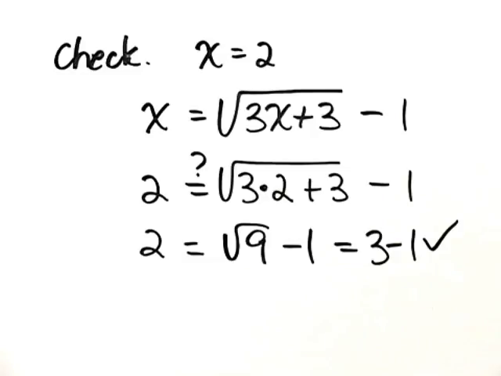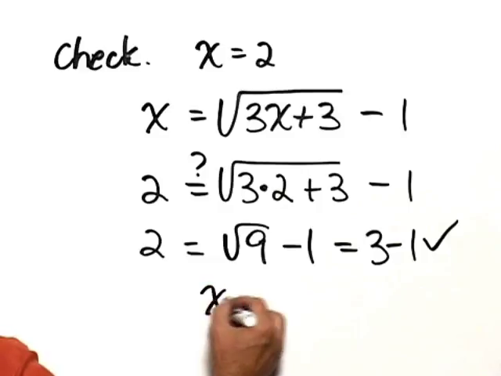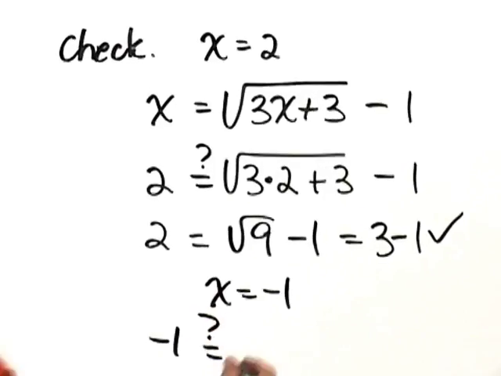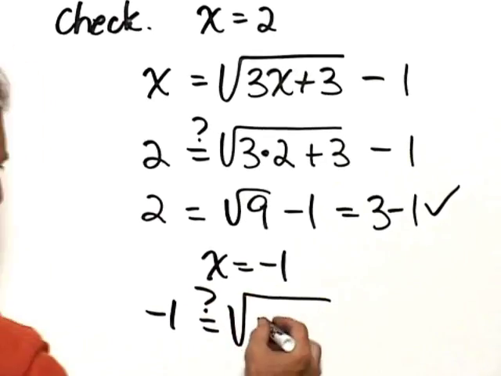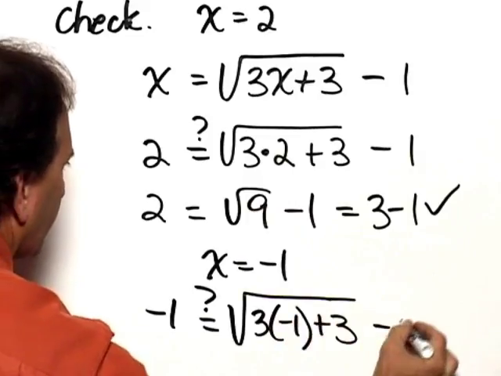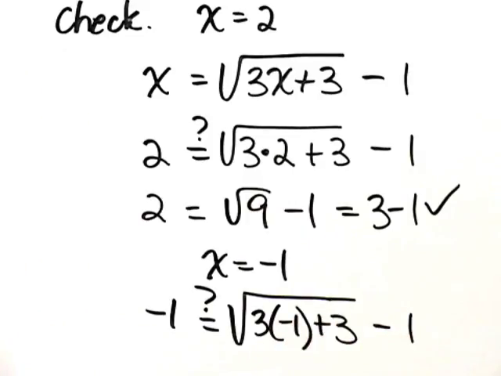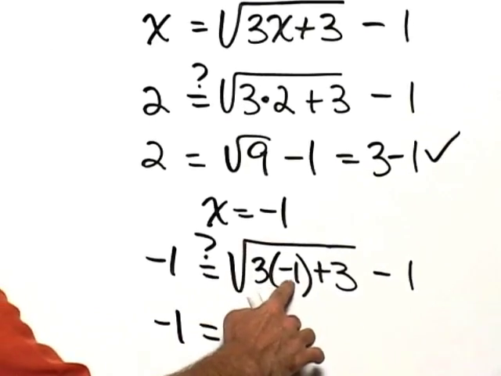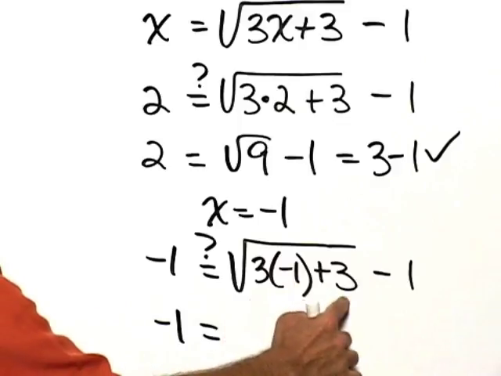Now we need to check x equals negative 1. So we substitute negative 1 in place of x. Does that equal the square root of 3 times negative 1 plus 3 minus 1? So negative 1 equals 3 times negative 1 is negative 3 plus 3 is 0.